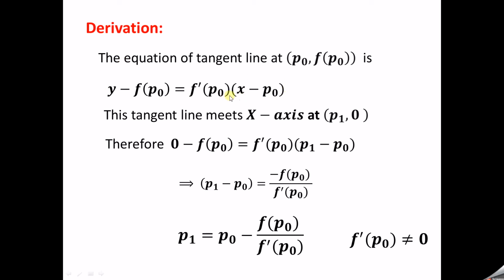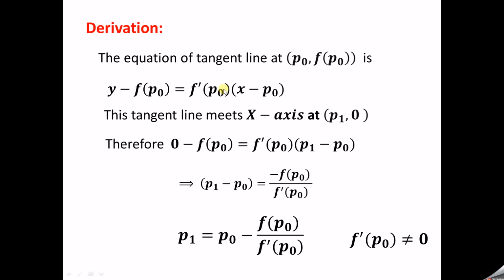Now we suppose that the tangent line meets the x-axis at the point P1. Since it is on the x-axis, the y coordinate will be 0, and the x value will be P1, because we are supposing this tangent line meets the x-axis at the point P1. Therefore we can substitute this point in this line, because it is a point on this tangent line, so it must satisfy.